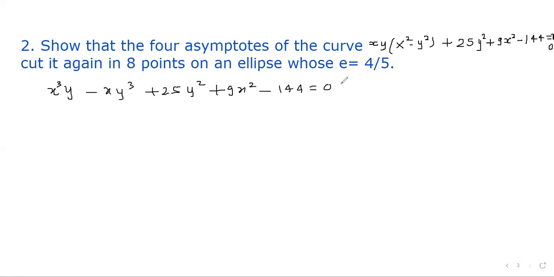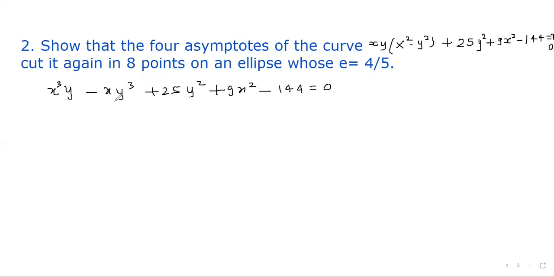So here we check the coefficients of the highest power of x and y. So here, x³y − xy³ + 25y² + 9x² − 144 equal to 0.